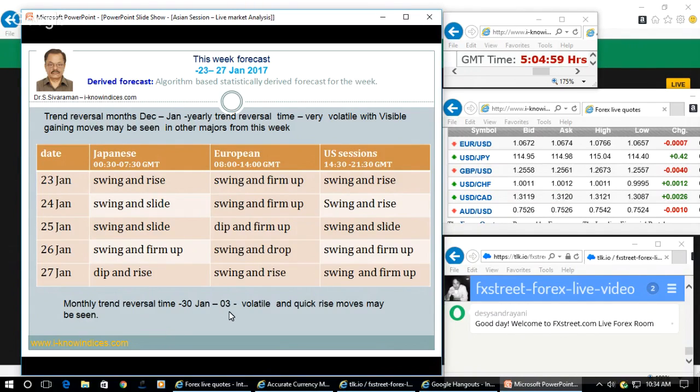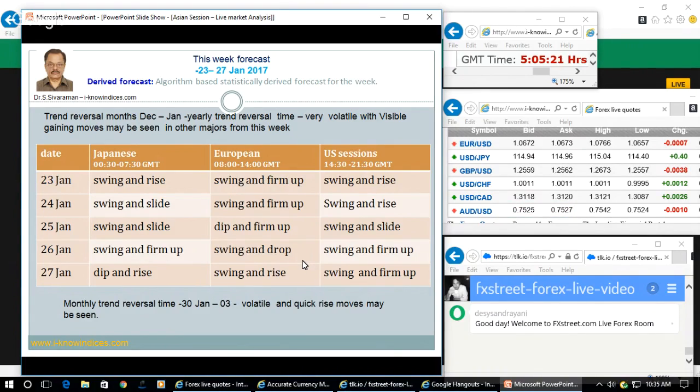Automatically the monthly trend reversal happens in these 5 trading days, and when it is 5 trading days, the market normally happens to be more volatile during those 5 days rather than the last week and the first week of the old month and the new month.